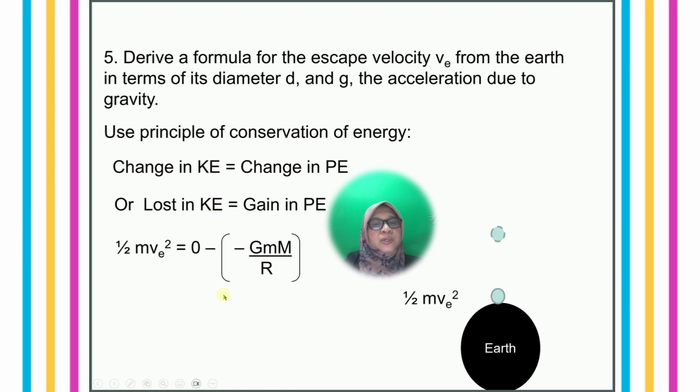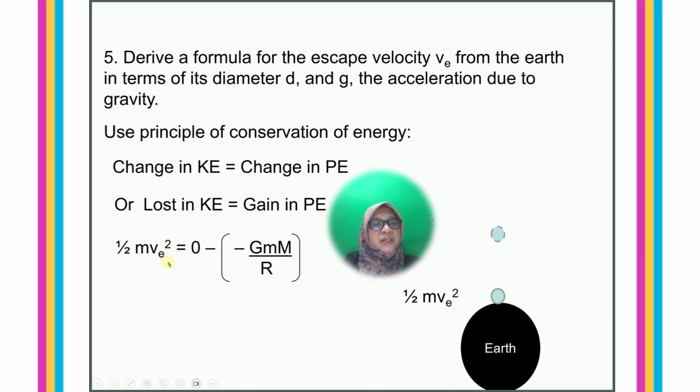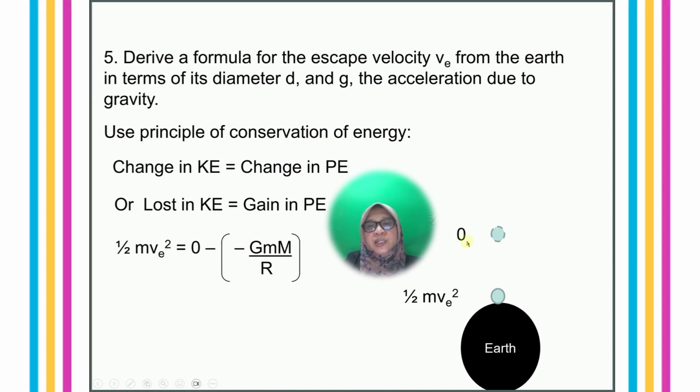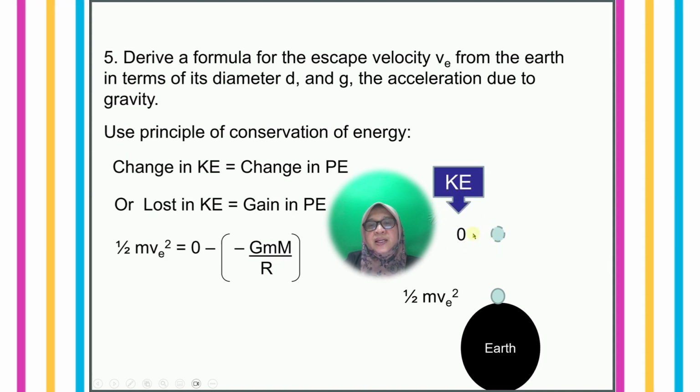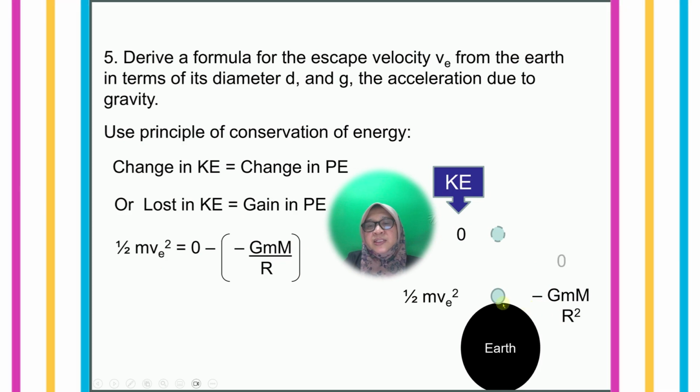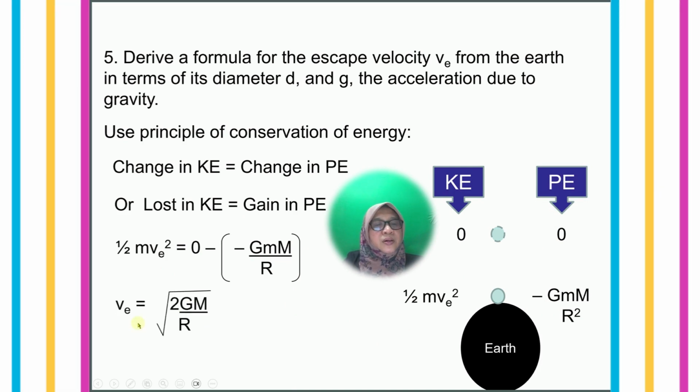So now we solve the escape velocity. This is to illustrate what happened: kinetic energy and gravitational potential energy at initial and at final. Okay, so now we solve for escape velocity, which equals the square root of 2GM over r.